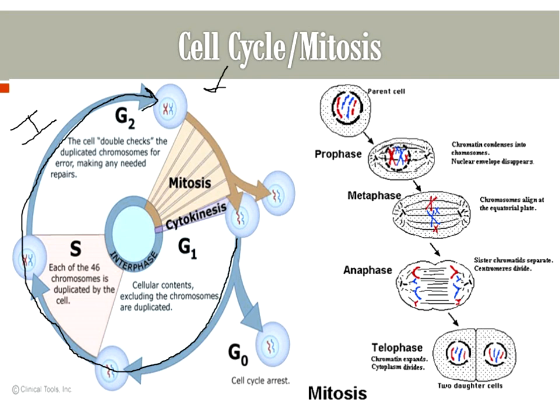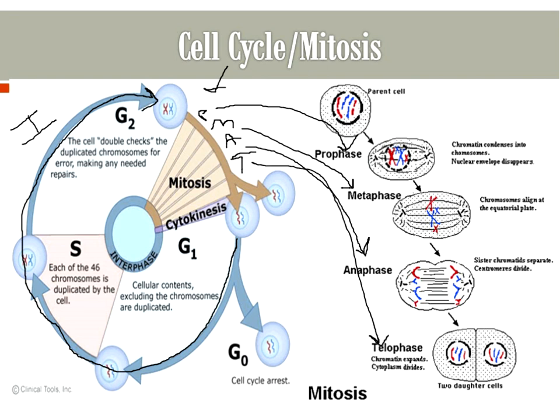And then very quickly, it'll go through mitosis with prophase, metaphase, anaphase, telophase. Here's prophase. Here's metaphase. Here's anaphase. And here's telophase. And then finally, cytokinesis, where the cells break off into two identical cells.